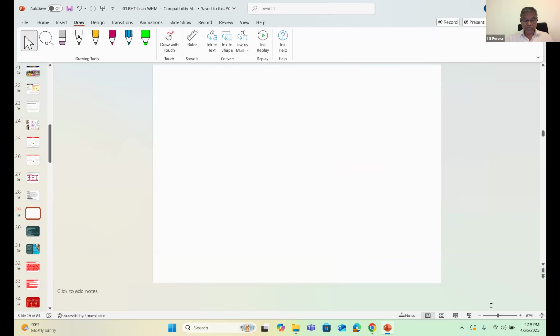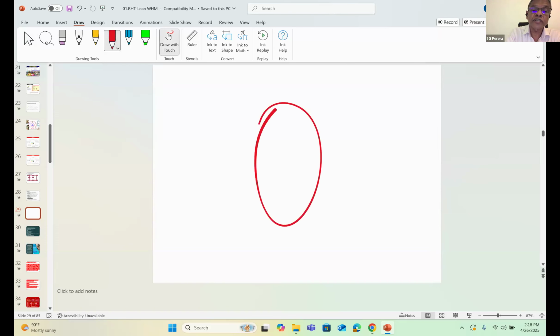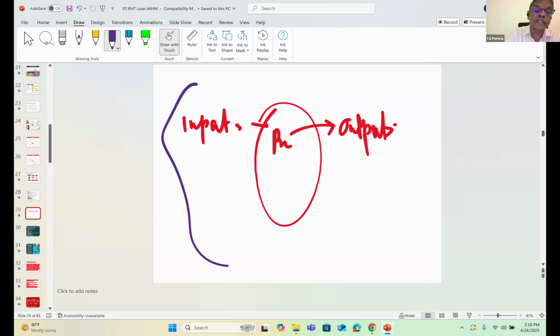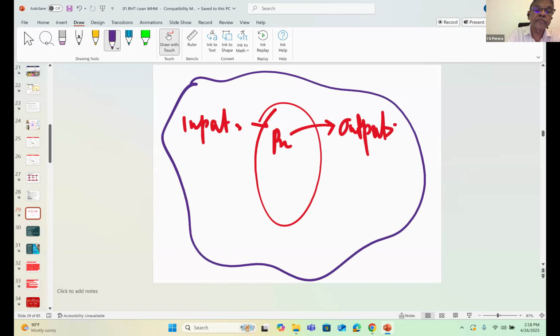Now you have the process. If this is the process, you have inputs, and the inputs are transformed to outputs. This particular process takes place within the organization.